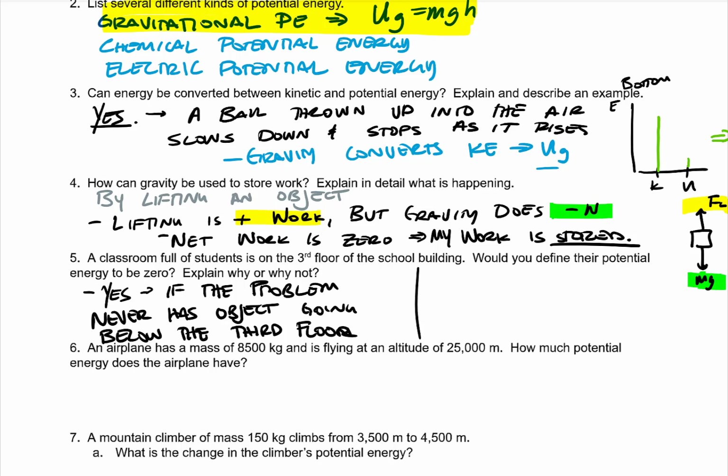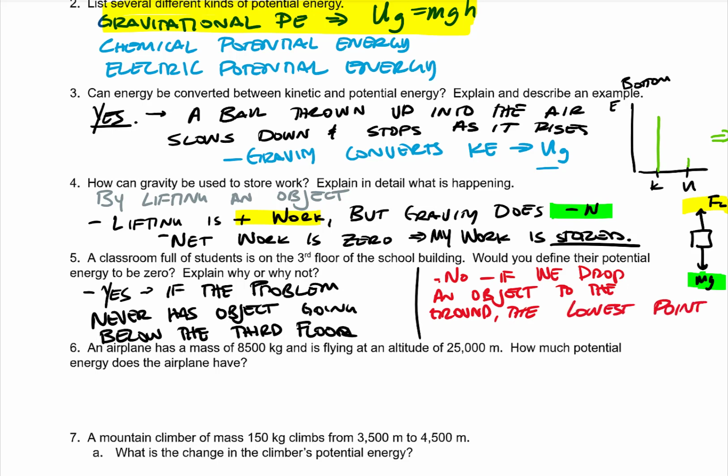Then it would be really easy to say that the potential energy is 0 on the third floor. However, you could say no. If we drop an object to the ground, the lowest point should be the place where we put potential energy equal to 0.